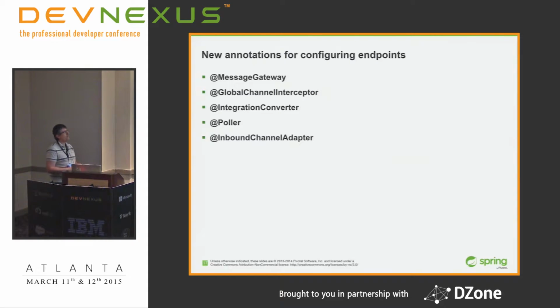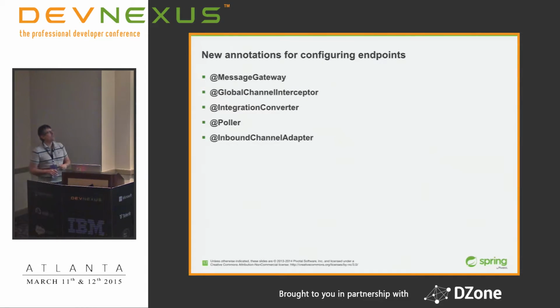One way it did this is by enhancing the set of annotations for configuring endpoints. As you know, in Spring Integration, you can declare your components using XML, but you can also specify, for example, if a specific method is a transformer, or a splitter, or what it is. And it's going to be wired accordingly in the bean definition.